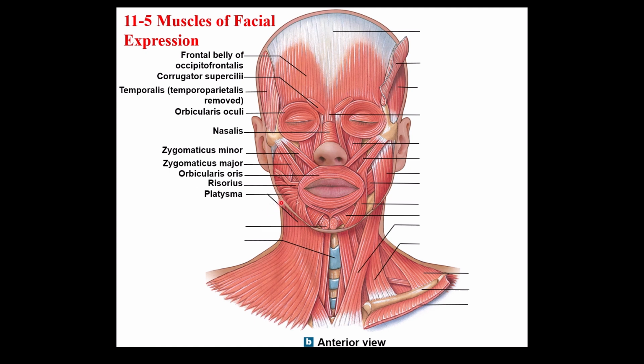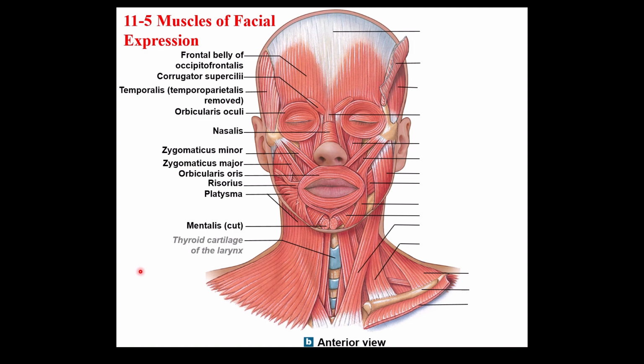And platysma, this is another new muscle here. So this is a flat muscle, and that brings the mandible downward and also compresses or tenses up the neck area. Mentalis is for moving the chin.